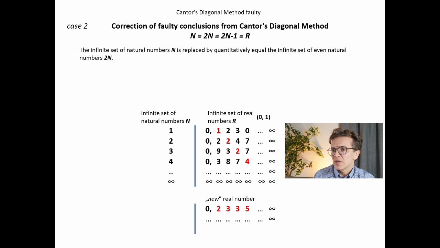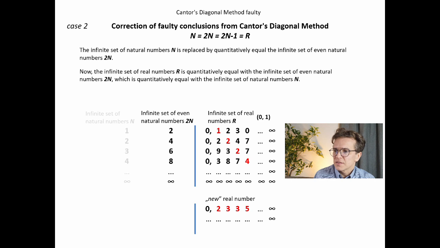The infinite set of natural numbers is replaced by the quantitatively equal infinite set of even natural numbers. Now, the infinite set of real numbers is quantitatively equal with the infinite set of even natural numbers, which is quantitatively equivalent with the infinite set of natural numbers.